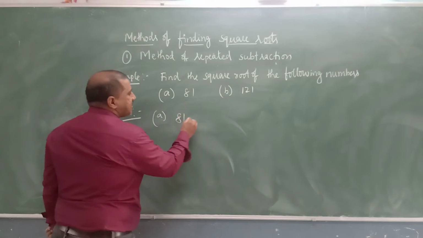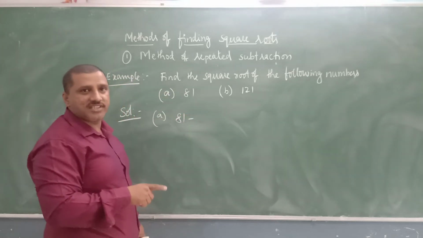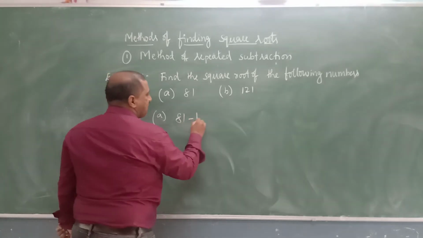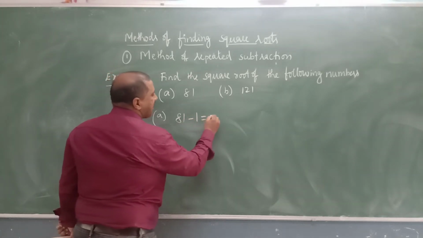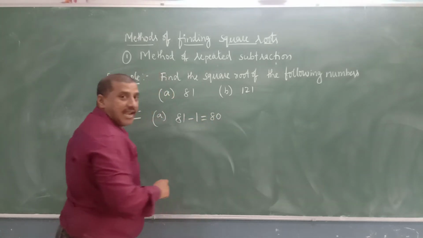From this subtract the first odd number. What is the first odd number? 1. From 81, if you subtract 1, the difference is 80.